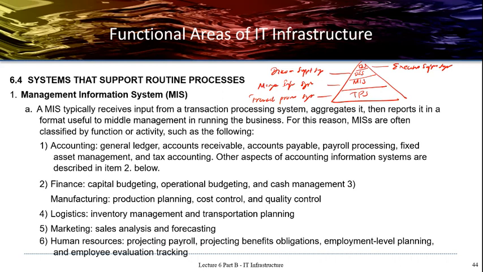Three, manufacturing area: production planning, cost controls, and quality control; logistics, inventory management, and transportation planning; marketing, sales analysis, and forecasting; human resources, projecting payroll, projecting benefit obligations, employment level planning, and employee evaluation training. So all these things can be done with this MIS system if you properly plan it.